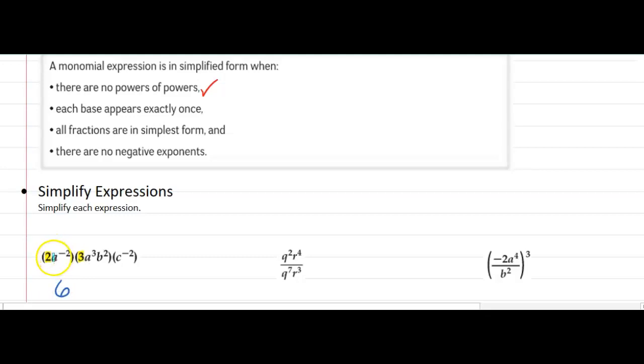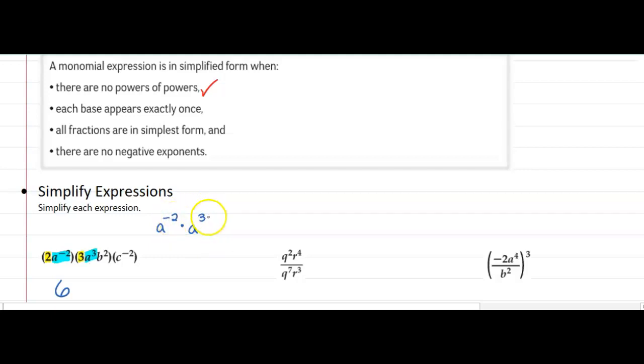Next, I'm going to look at all of the terms that have a base of A. And these are all just multiplied together. I end up with A to the negative 2 times A to the 3rd. This is one of our properties that we learned above. We're going over the multiplication sign, which means we just need to add these numbers.